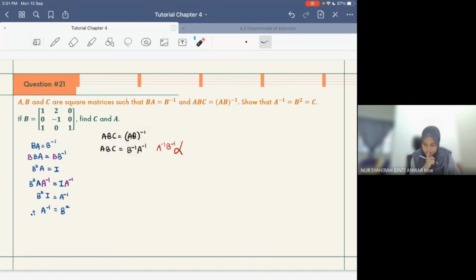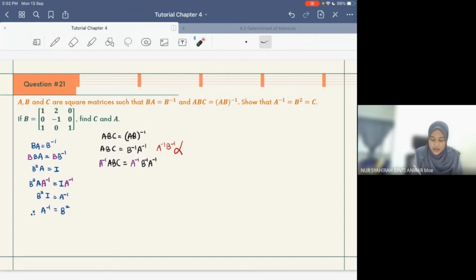Okay, now kita nak hilangkan B inverse dahulu. Tapi kejap, saya nak jadikan C sebagai subjek. So, why not? Okay. I'm going to multiply this whole equation dengan A inverse dahulu kat depan. Kita hilangkan A dahulu. So, A inverse of ABC akan sama dengan A inverse of B inverse A inverse.